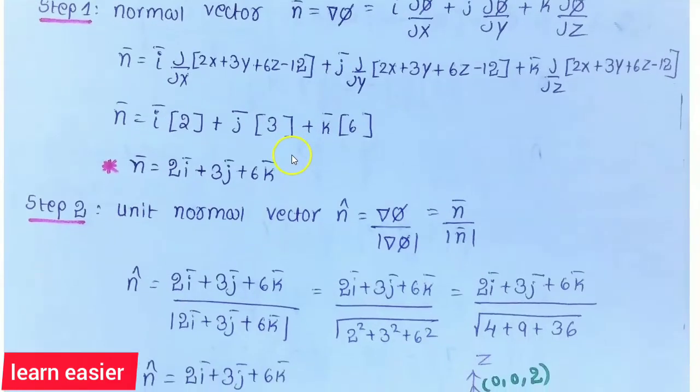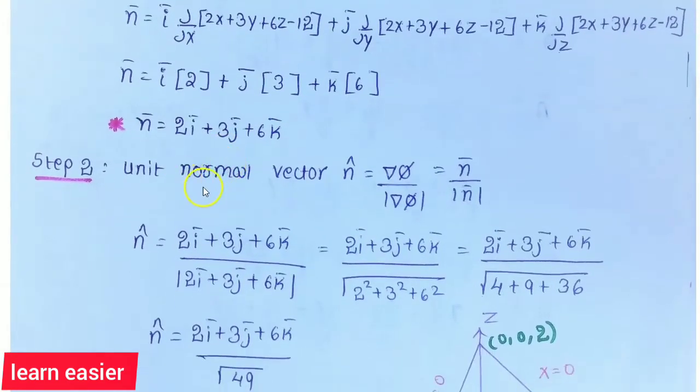The next step is to find the unit normal vector n cap for the plane phi. n cap is del phi by mod del phi, that is n bar by mod n bar.